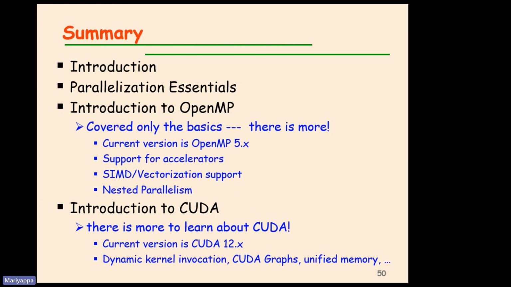OpenMP 4.5 has a separate target construct. Typically threads are only assigned to CPU cores. And then within that thread you could actually have a kernel on OpenMP.